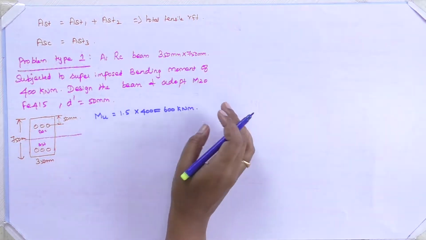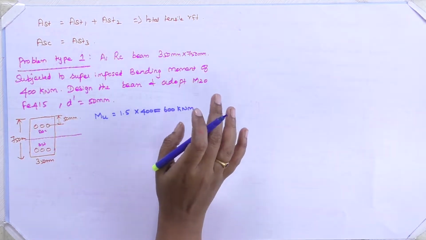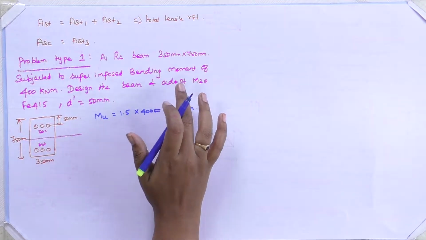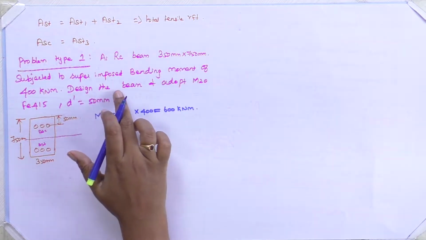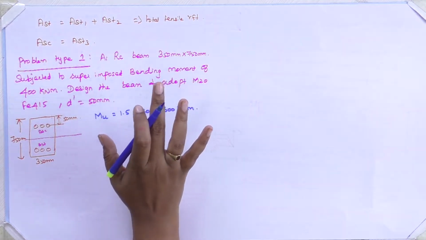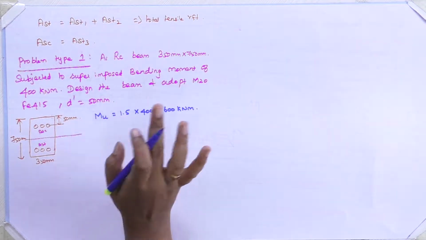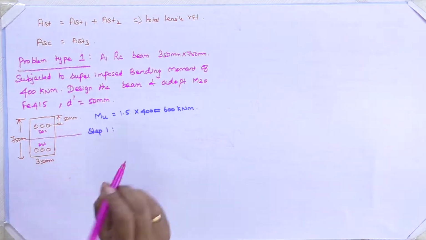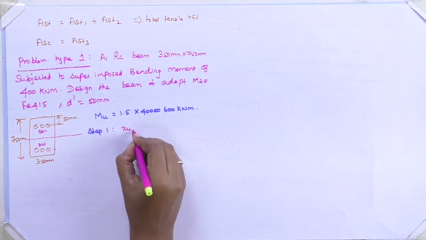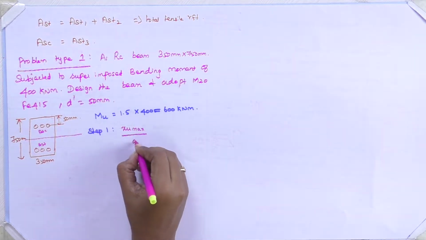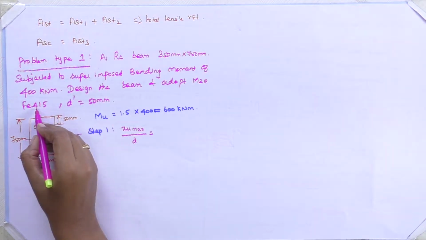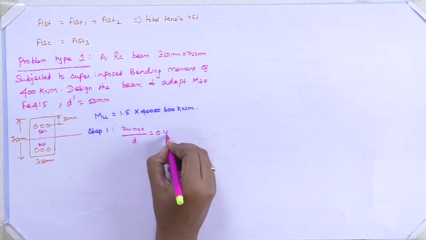Now, the first step I want to do is calculate the percentage of reinforcement provided, that is for ASC and AST. For that, first step one is Xu max by D. Xu max by D for Fe 415 steel is 0.48.